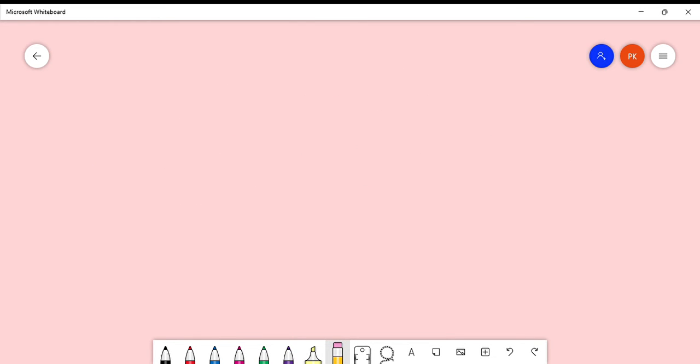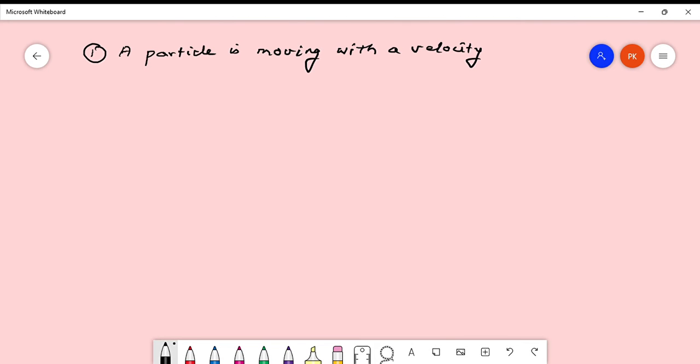So come to the first problem here. A particle is moving with a velocity of 3i plus 4j meters per second.